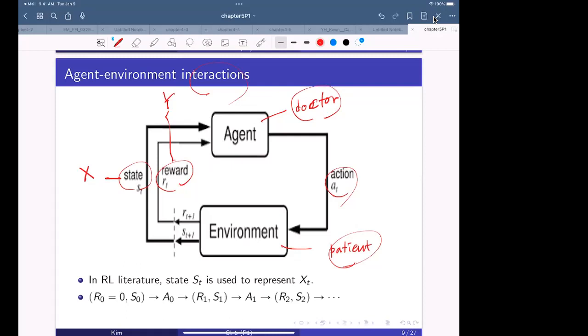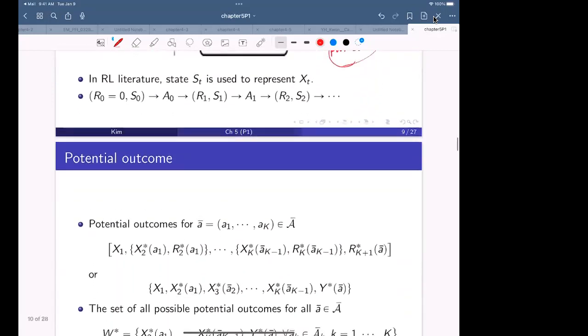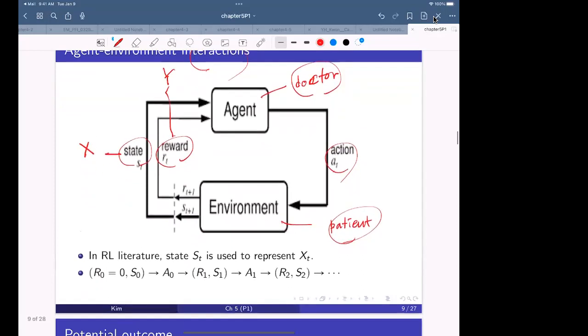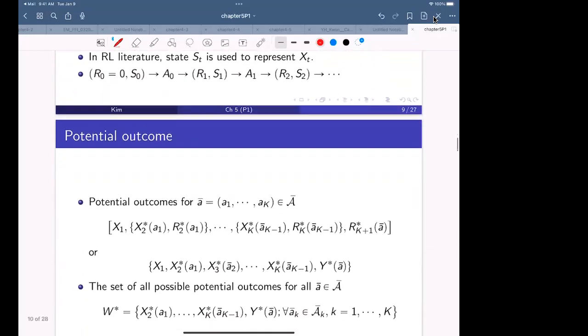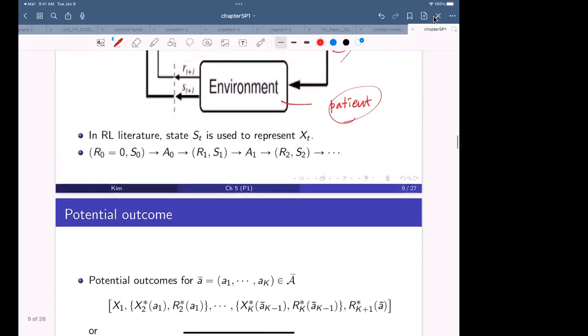This is the reinforcement learning setup, and our DTR is a special case of reinforcement learning in some sense. Once you understand DTR, you are in a position to expand your research to reinforcement learning in the future.